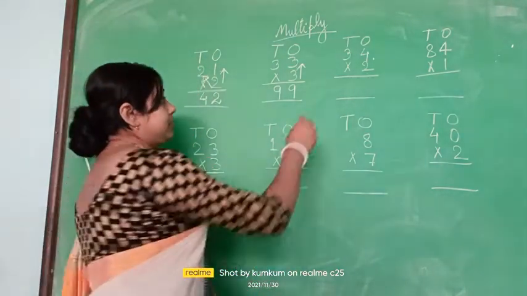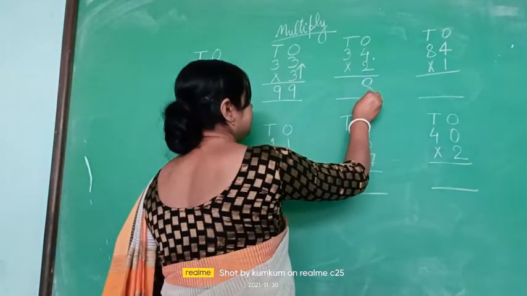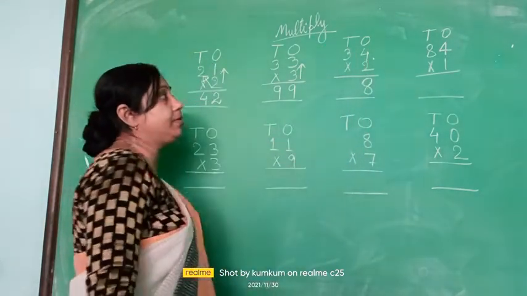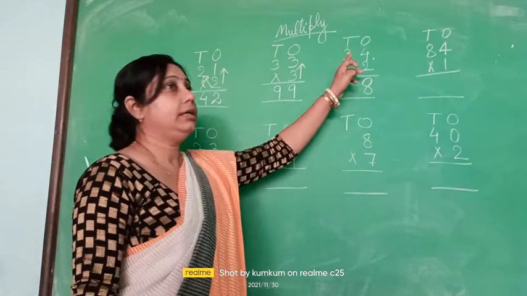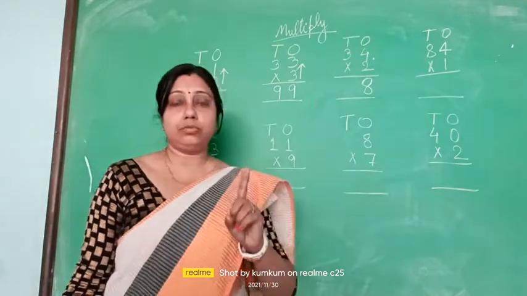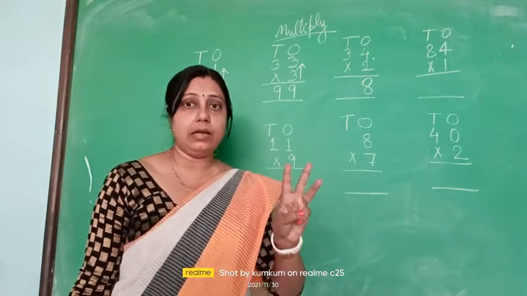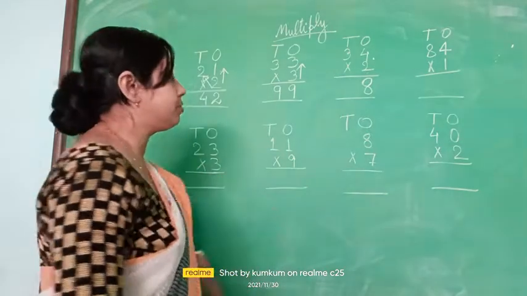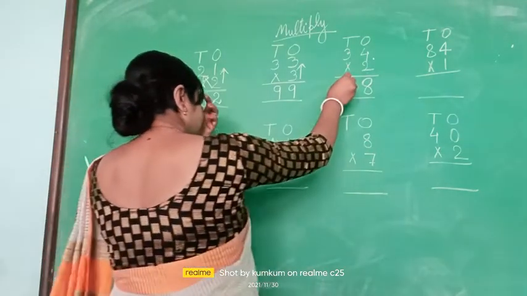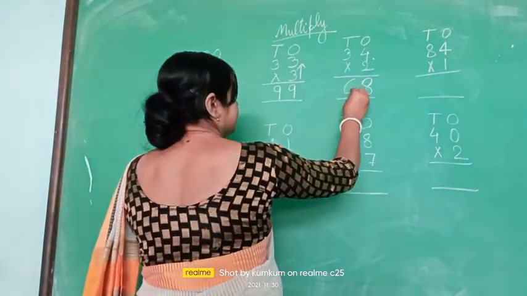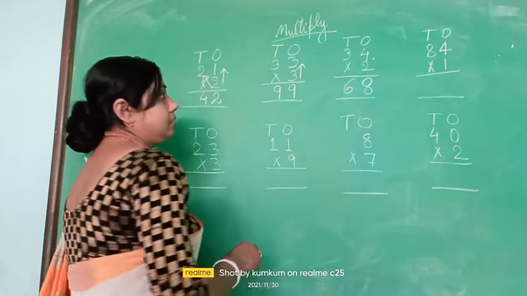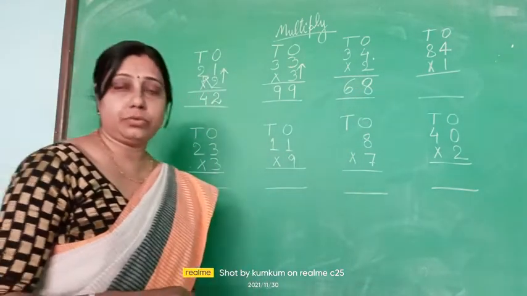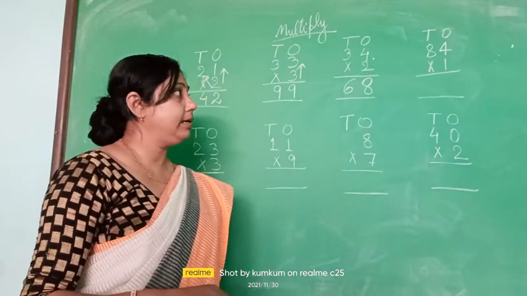So, we are going to write here 8. Now, we will count again the table of 2 till 3 is coming. 2 ones are 2, 2 twos are 4, 2 threes are 6. So, we are going to write here 6. So, 34 multiplied by 2 is 68.